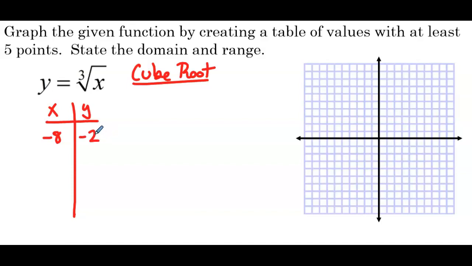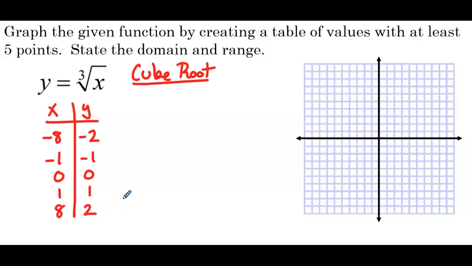If you need some convincing there, think about what -2 cubed is. -2 times -2 times -2, which would be -8. So the cube root of -8 is -2. And then we have -1 input, or the cube root of -1 is -1. 0 is 0. 1, cube root is 1. And 8, the cube root is 2.